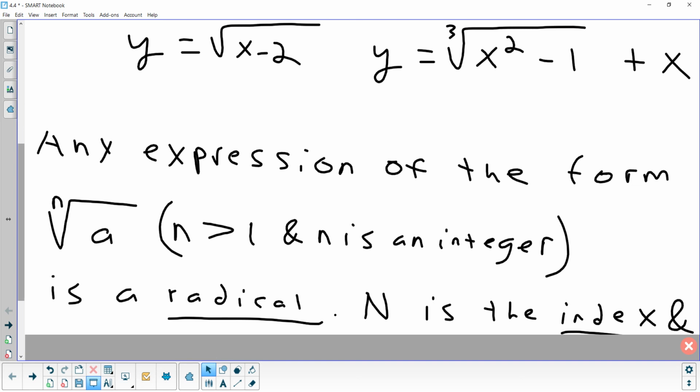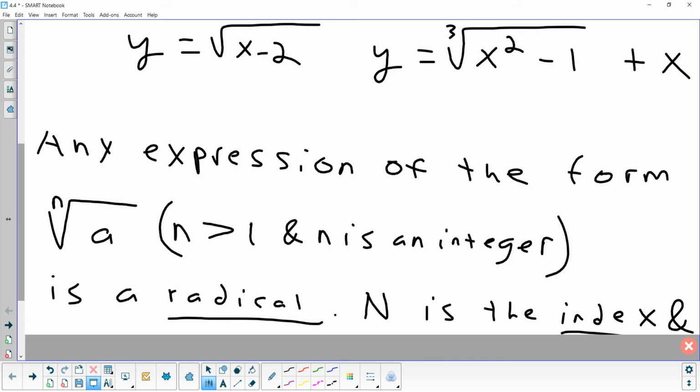Is it a square root? Is it a cube root? Is it a fourth root? The key is that the index has to be an integer greater than 1. There's no such thing as a 1.5 root. We don't do decimal roots. You can do square root, you can do cube root, nothing in between, in order to be a radical.